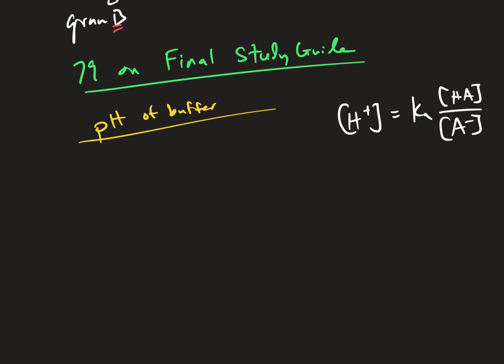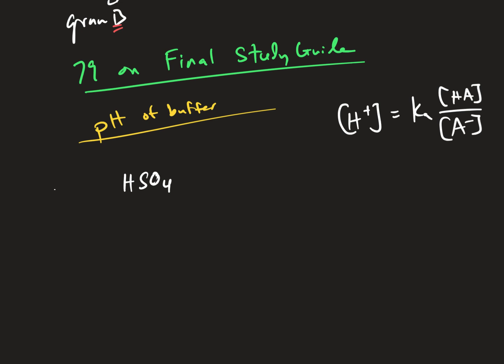So in this example, in 79, you're given the moles of the weak acid and the weak base. Let's say the weak acid is HSO4 minus. I'm probably going to pick stupid numbers that don't really work in real life, but okay.